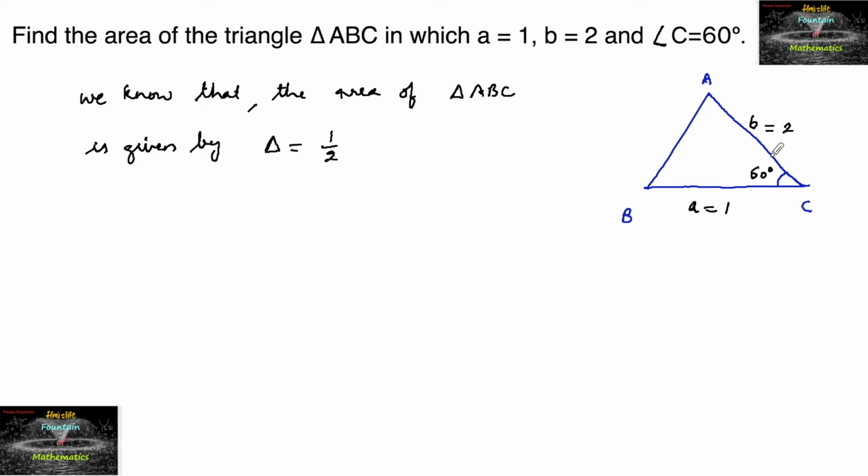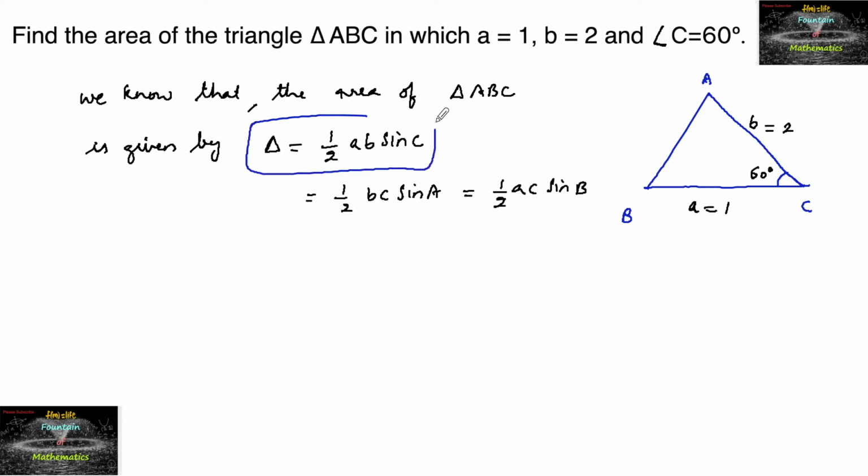When two of its sides and an included angle is given, we can write half ab sin C, or we can write half bc sin of the angle A, or we can write half ac sin of the included angle B. So let us consider this half ab sin C.